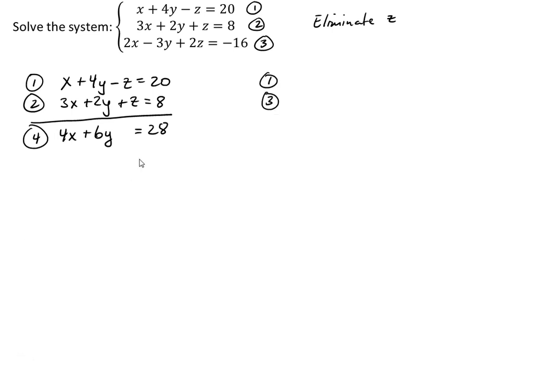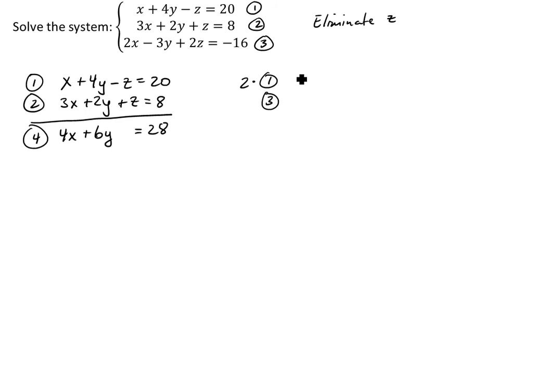And if I look at the coefficients on the z's, in equation 1 I have a negative 1. In equation 3 I have a positive 2. So for those to be opposite, I would need to multiply equation 1 by 2. That would make it have a negative 2 on the z to be the opposite of the 2z in equation 3. So keep in mind you have to multiply every term of equation 1 by 2.